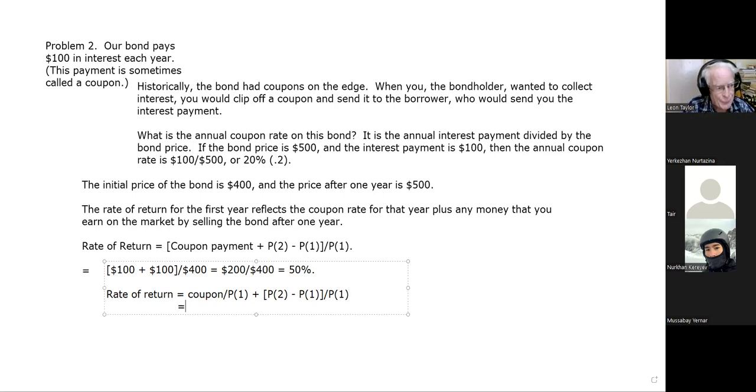So in other words, the rate of return is the coupon rate, the amount of money that you make by collecting interest, plus the capital gain.